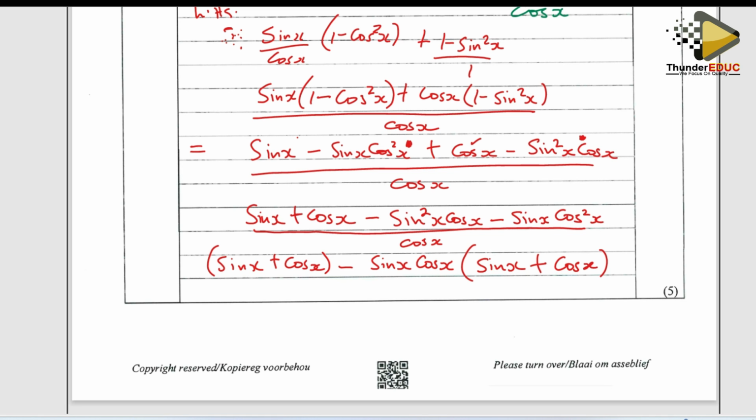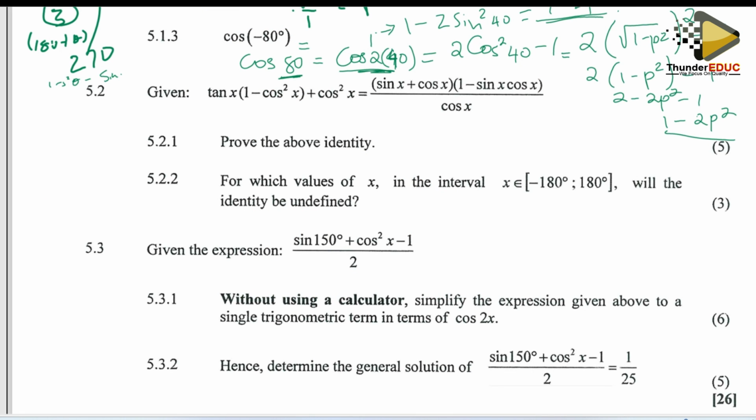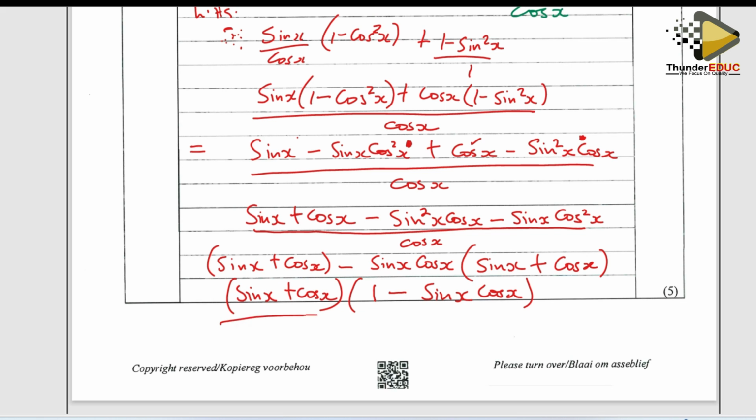And then I take out what is common, so sine x plus cos x is out. I'll be left with 1 minus sine x cos x. Is that what we have? Perfect. So we need to just divide this by cos of x. So this is equal to the right hand side.